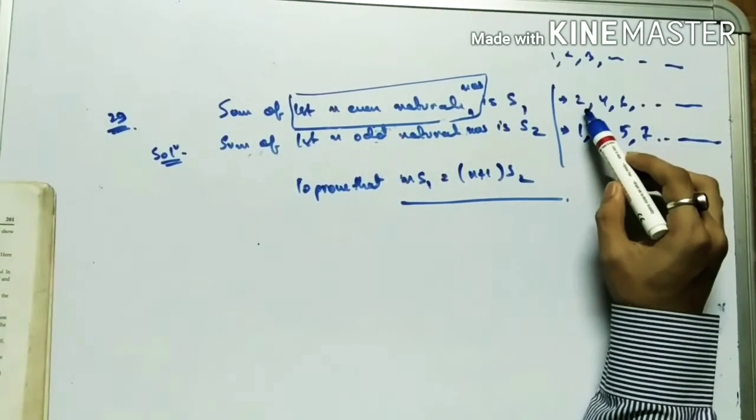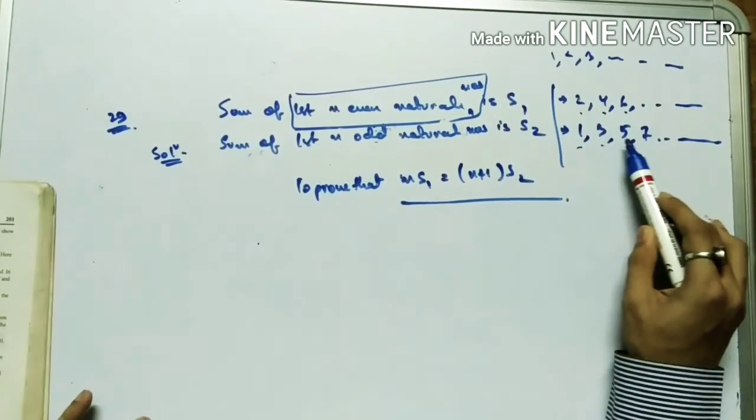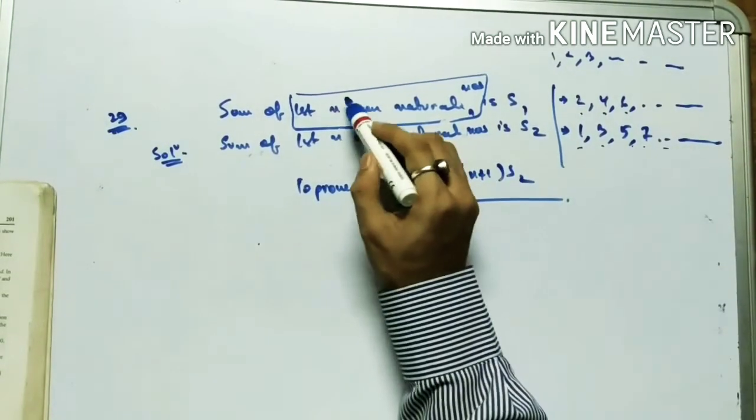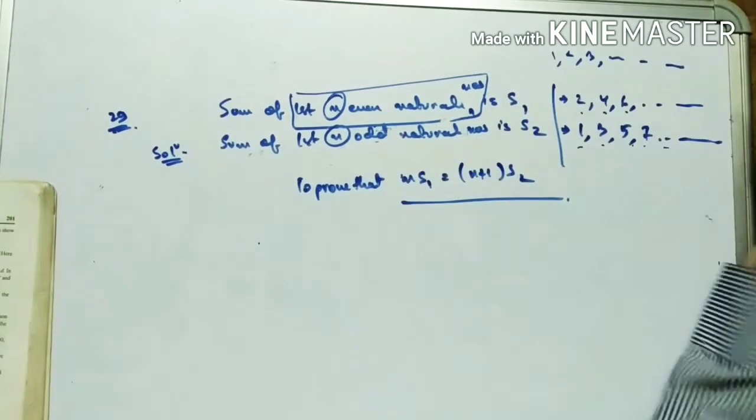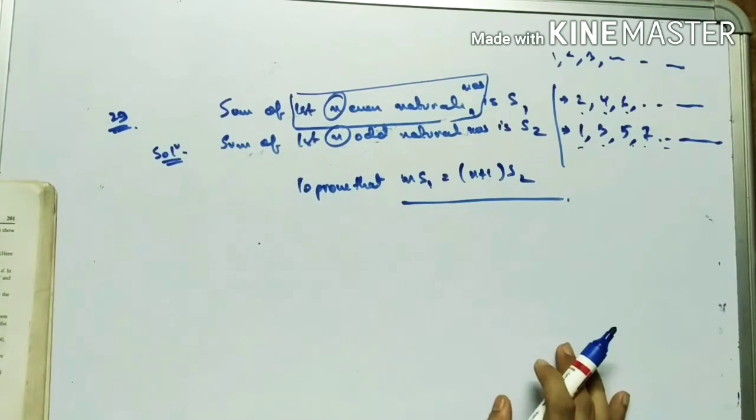Now their sum: 2 plus 4 plus 6 and so on, and 1 plus 3 plus 5 and so on, up to n terms. Understand? And this I will have to prove.